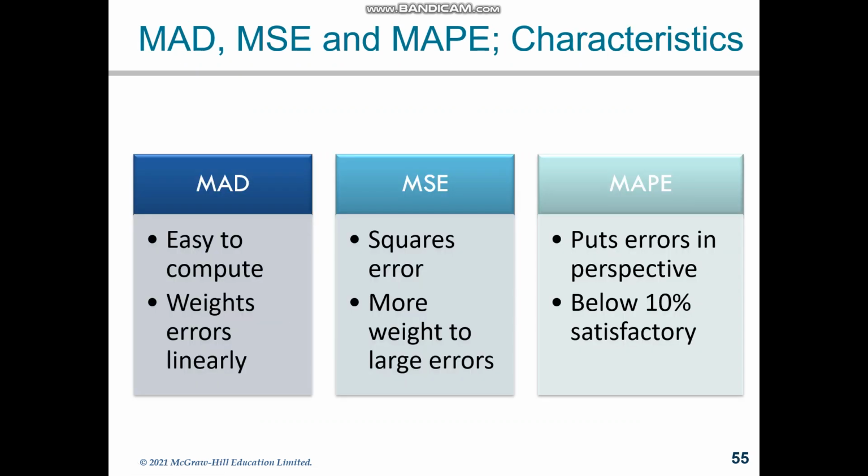Here you can see the characteristics of each measure that we use to evaluate the performance of techniques. MAD is easy to compute and it weighs error linearly. MSE measures the squared errors, and it puts more weight on large errors.